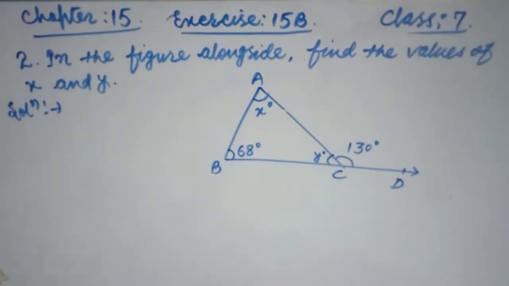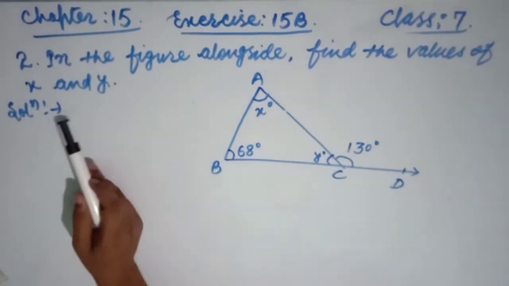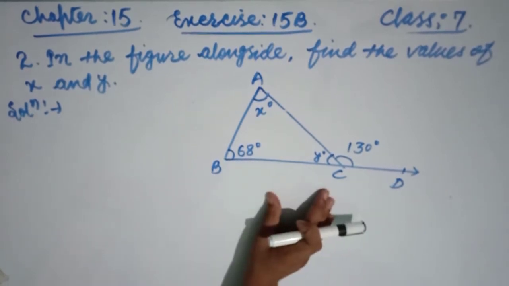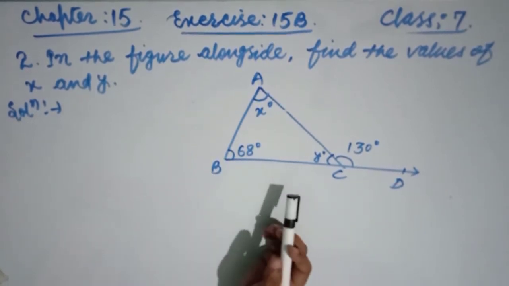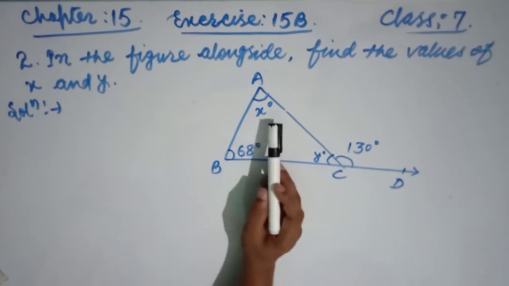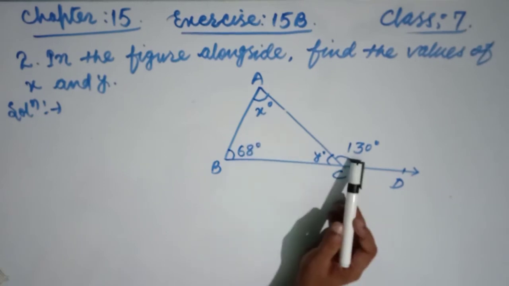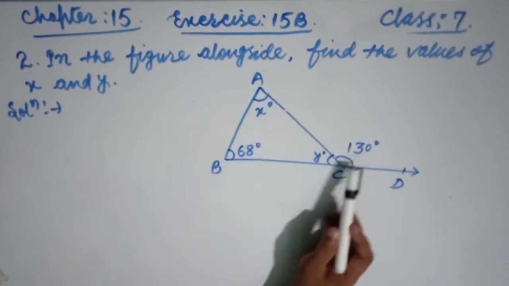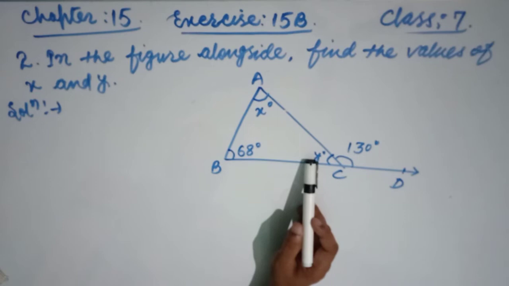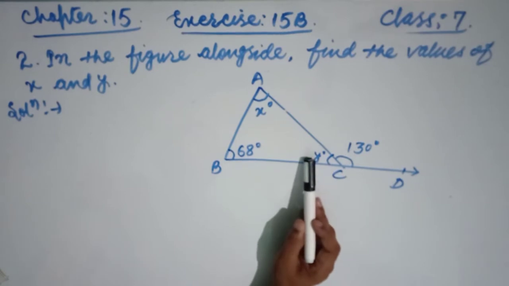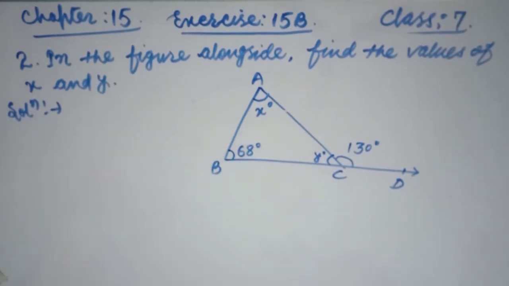Now see friends, question number 2 says, in the figure alongside, find the values of x and y. First, look at the figure and decide how to find the values of x and y. Look, this x is the interior angle which is opposite to this exterior angle, and y is just the adjacent angle of 130 degrees. First we have to find the angle y, then calculate the value of x.